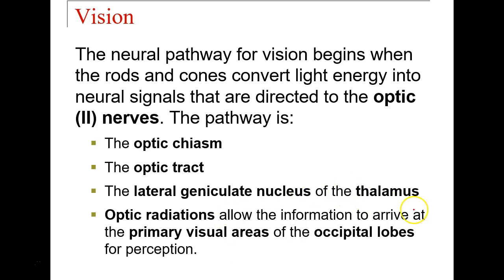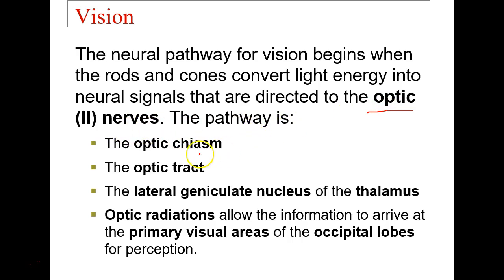So the neural pathway, light hits the retina. We detect light through rods and cones. Those rods and cones move that energy through the retina to the ganglion cells. Those ganglion cell axons move towards the center of the retina at the optic disc. This will create the optic nerve.